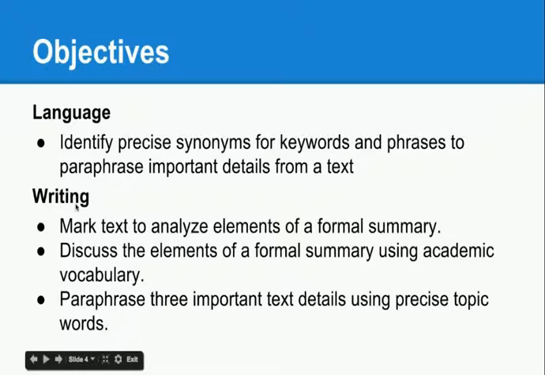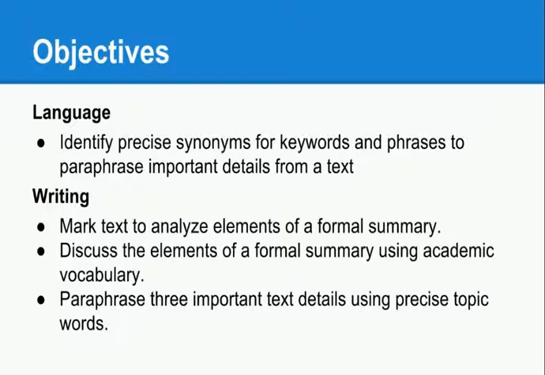And as for writing, we're going to aim for these 3 objectives right here. So the first one, and do an echo read with me, is to mark text to analyze elements of a formal summary. After me, mark text to analyze elements of a formal summary.